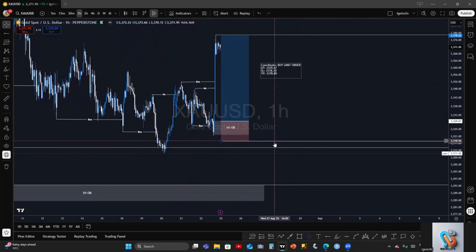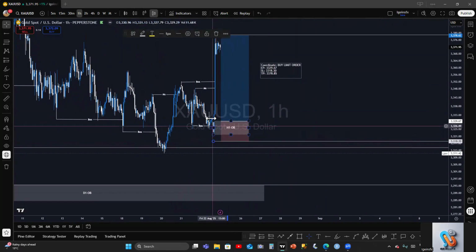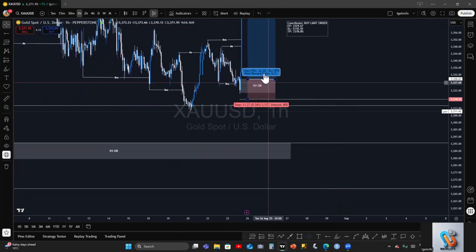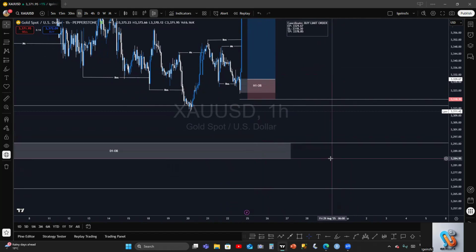So if it did not hold, what will happen is that price will have to use this point as liquidity to facilitate the movement up to this level.